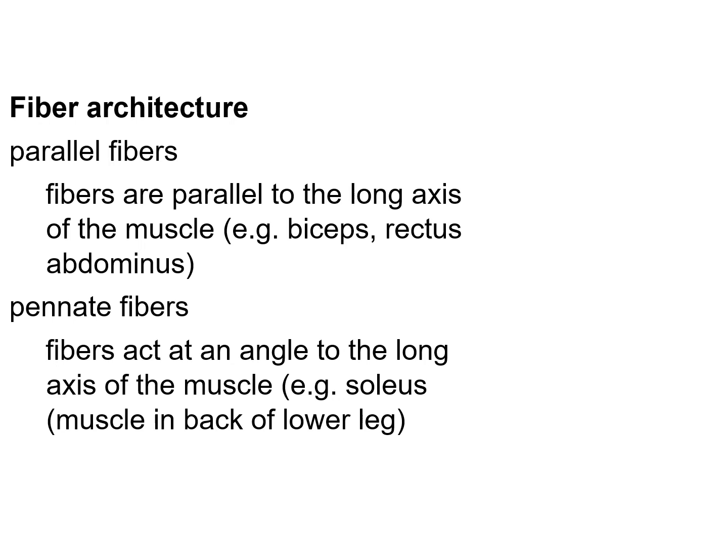Basically, what you think of when you have a six-pack, that's your rectus abdominis muscle. Then we have pennate muscle fibers. These are fibers that act at an angle to the long axis of a muscle. These are your gastrocnemius and soleus muscles that are in the back of your lower leg, your calf muscles.